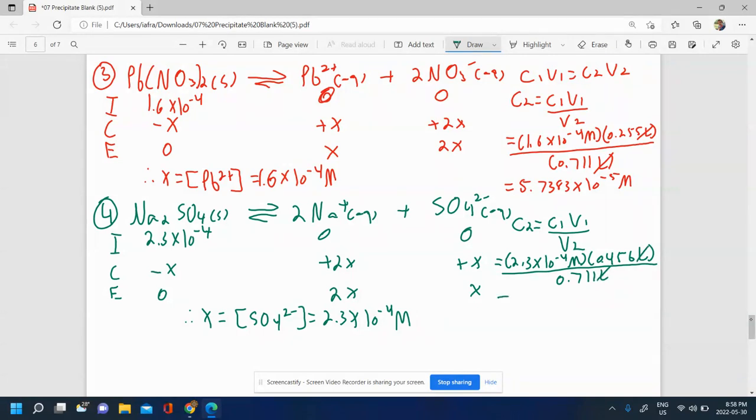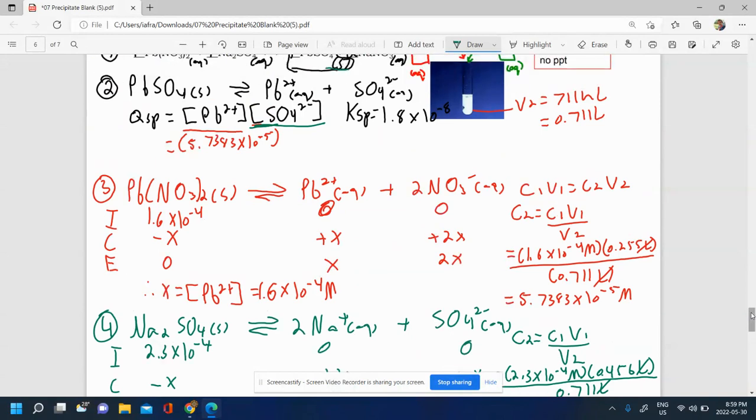The liters cancel out, and we get our new concentration. So we get 2.3 times 10 to the power of -4 times 0.456 divided by 0.711, and we get 1.4751 times 10 to the power of -4 molar. So we can go ahead and plug that in here: 1.4751 times 10 to the power of -4.